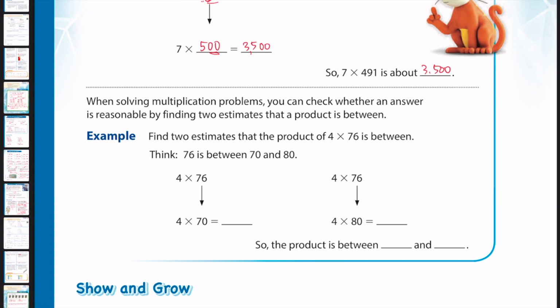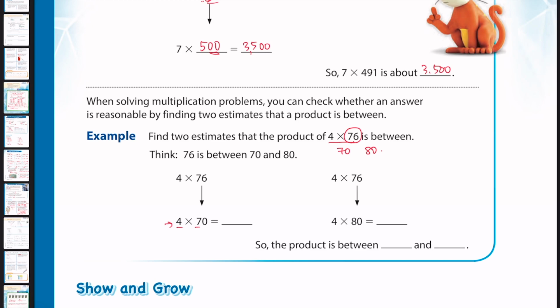Now look at this. Find two estimates that the product of 4 times 76 is between. So you need to think, 76 is between what? 70 and 80. So let's see this one. 4 times 70 first, right? 4 times 70 is what?